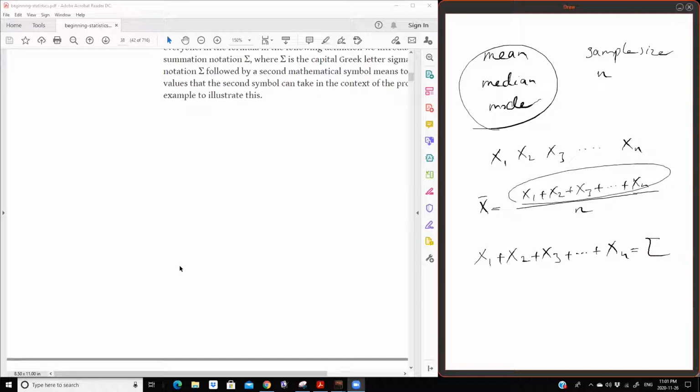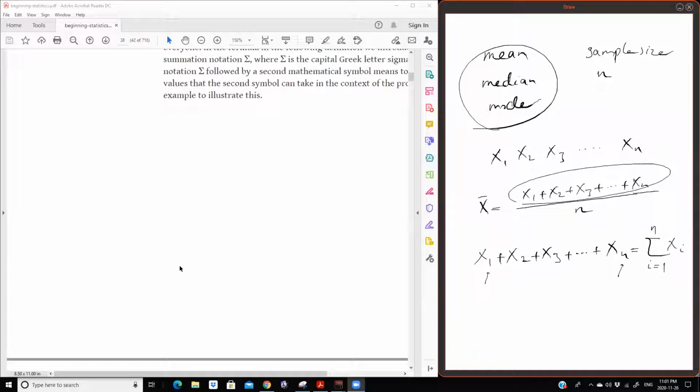It's called sigma, the Greek sigma. We use an index, usually i, and this index goes from 1 up to n. And then here we put xi.